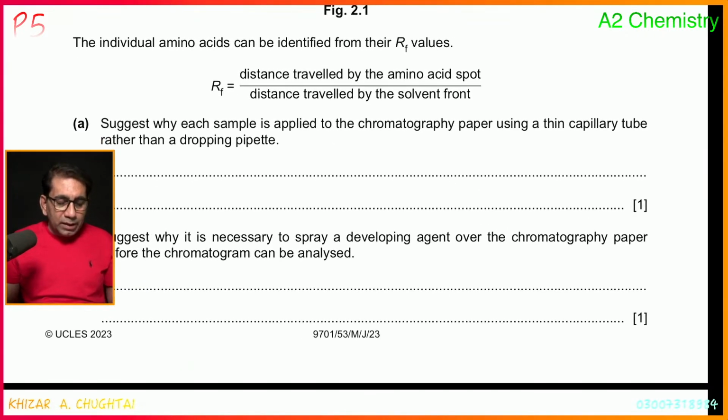Part A suggests why the sample is applied to the chromatography paper using a thin capillary tube rather than a dropping pipette. The basic reason is that in this way the sample is going to be more compact, or the sampling will be more controlled.